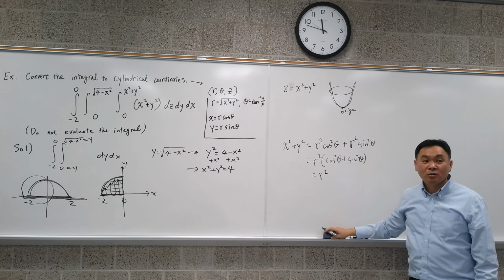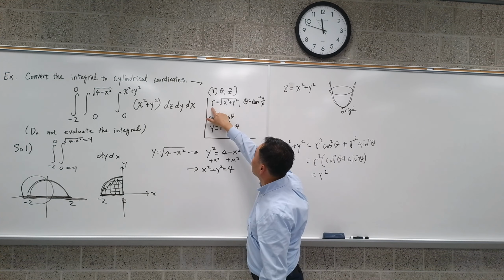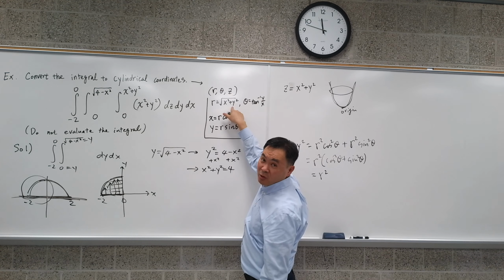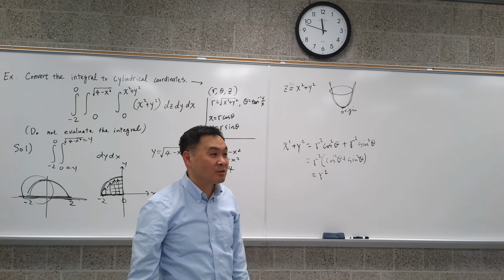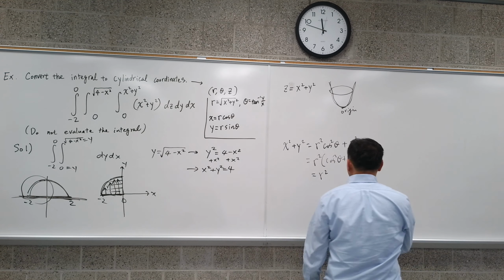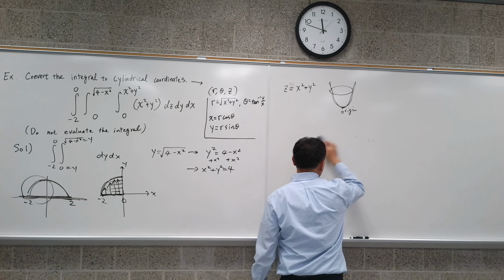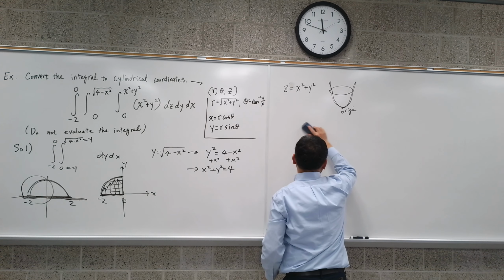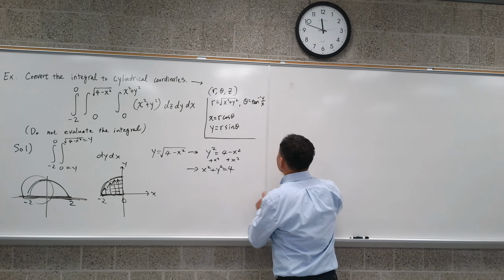You can do that, or you can just simply see this as, hey, r is the square root of x squared plus y squared. So if you square both sides, r squared is x squared plus y squared. That's faster, right? Either way, if you see it, then perfect. You can just replace it like that. If you don't see it, then you can just use this formula to switch things over. Okay. So this is where we are so far.